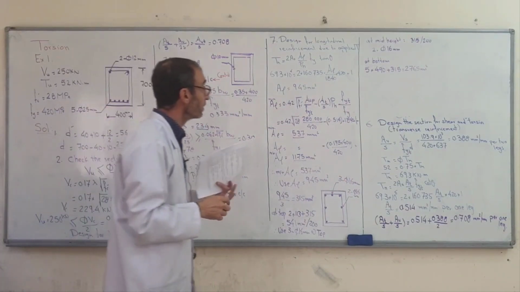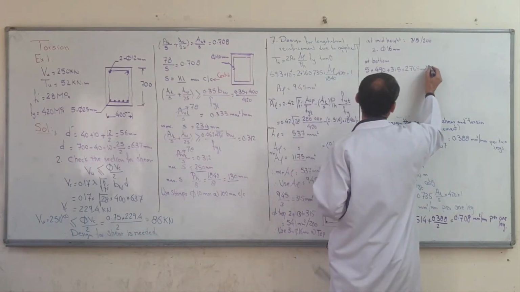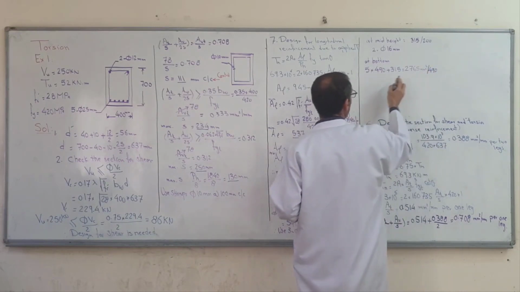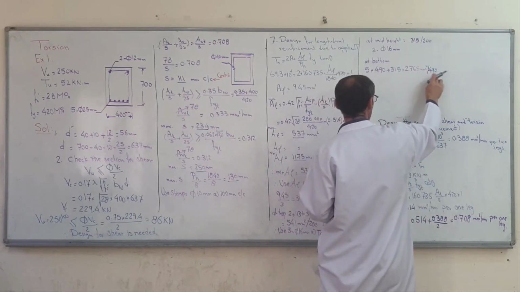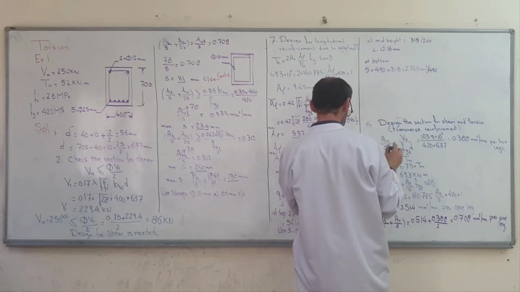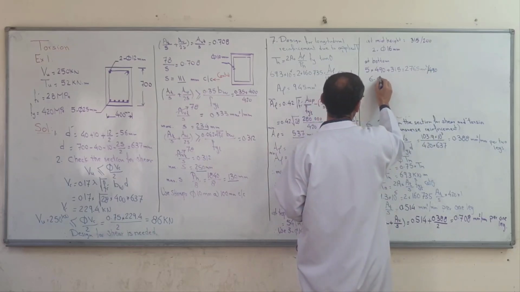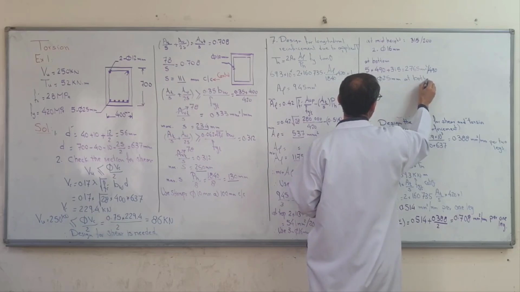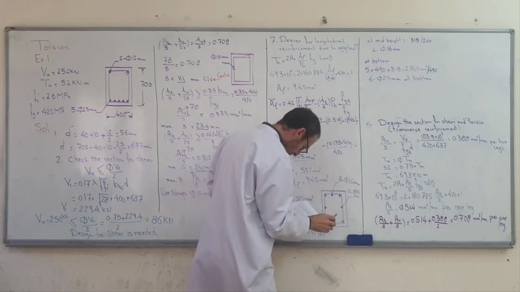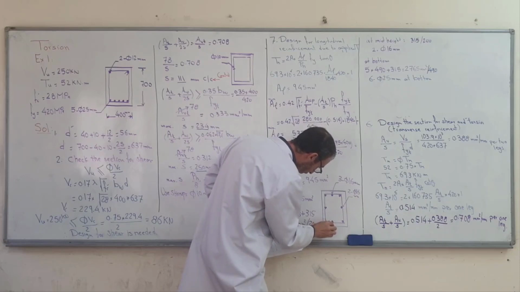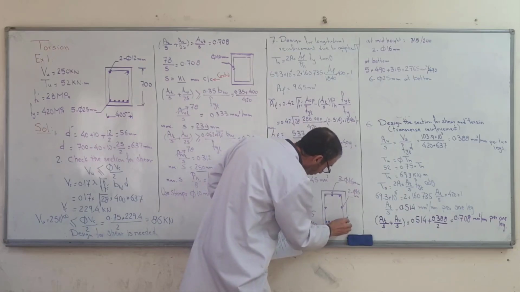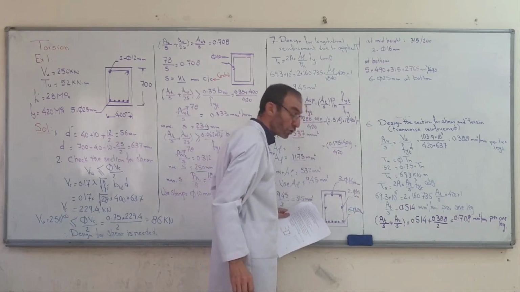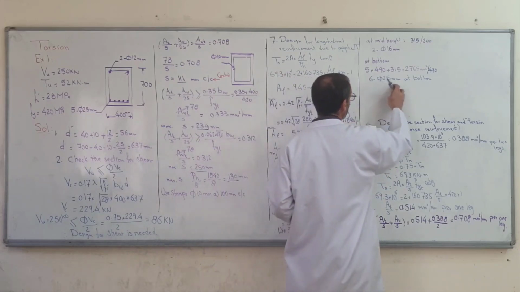Now 2765 divided by 525 gives about 5.2, so at bottom we use 6 Φ25 millimeters. We take the effect of torsion also.